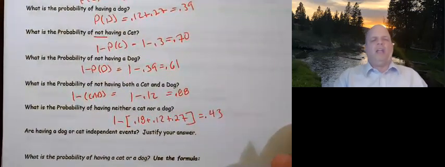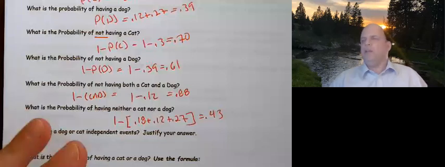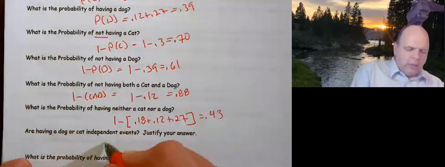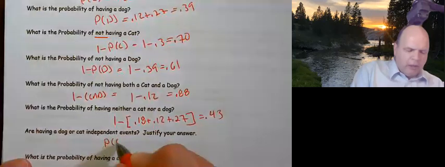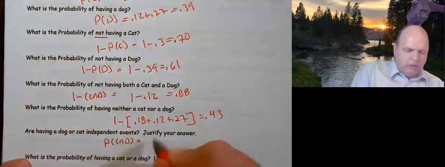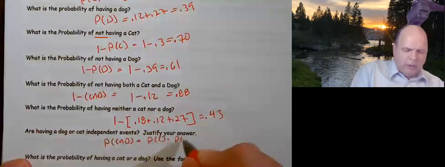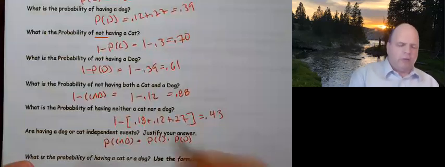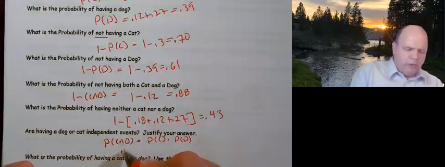Are having a dog or cat independent events? Well, if they're independent, that means the probability of cat intersect dog needs to equal the probability of cat times the probability of dog. Well, what's the probability of the intersection? 0.12.